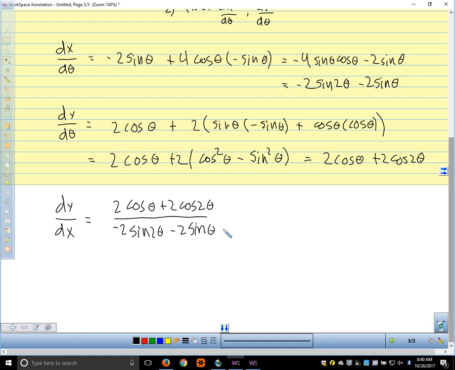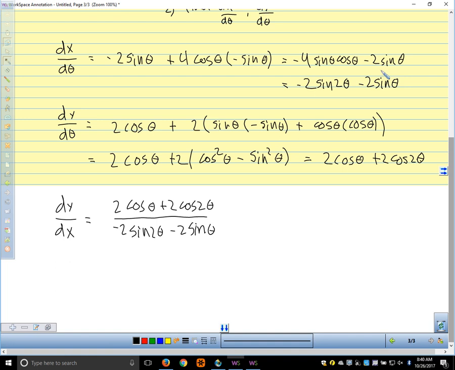So there's our expression for our slope. This is a little nicer than this over this. If you left it out in the longer form, that's still correct, but nobody wants to compute with it.